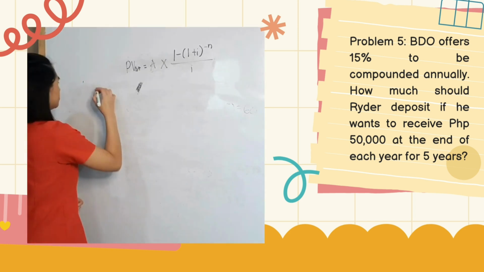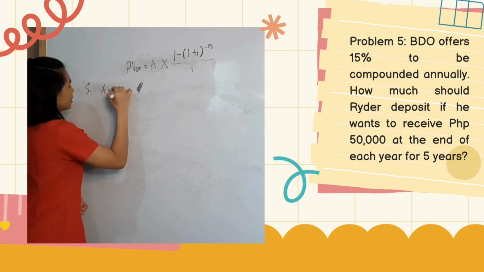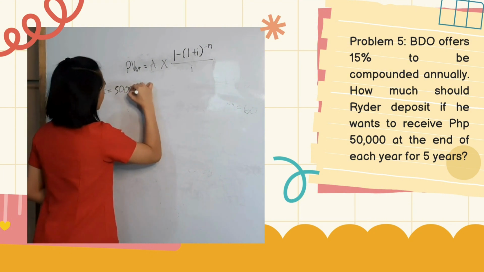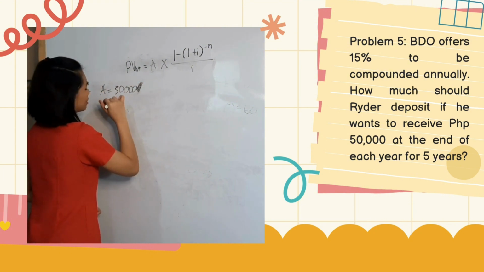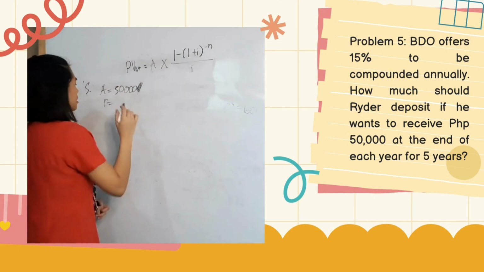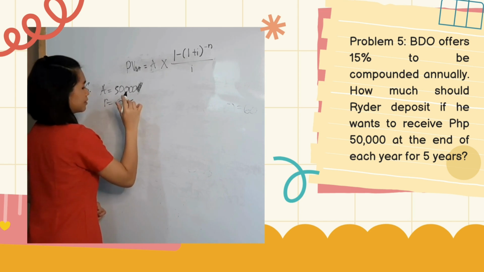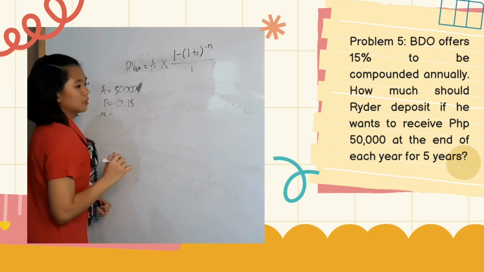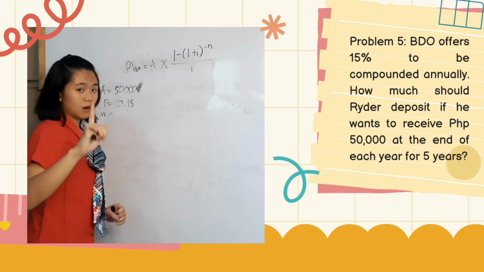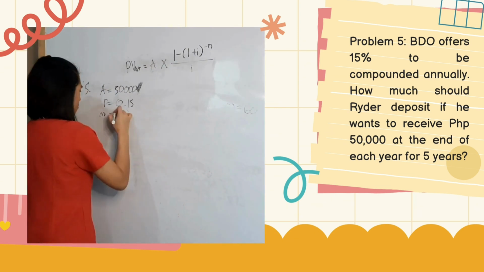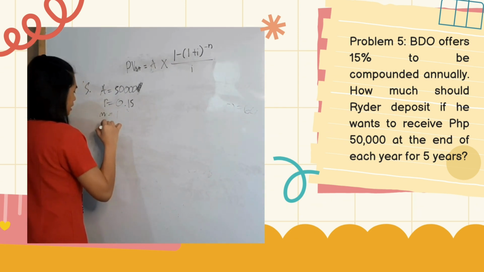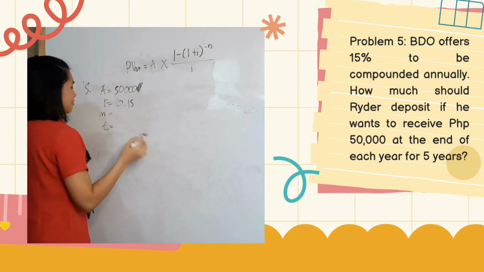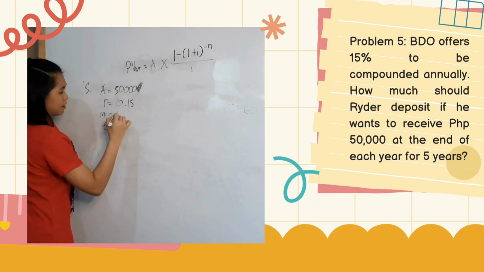So A is equal to 50,000. Then r, the rate, it's 15%, so that's 0.15. Letter m is equal to compounded annually, so 1. Annually is yearly, so 1. Then letter t, after 5 years time, 5.